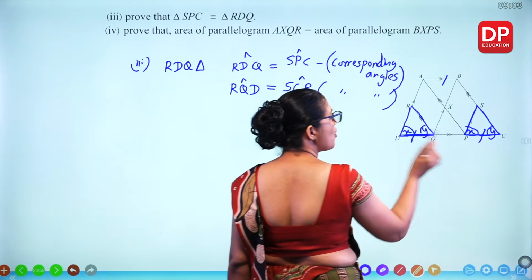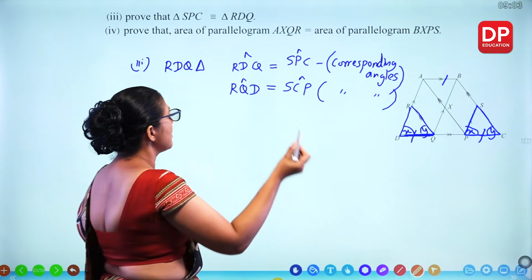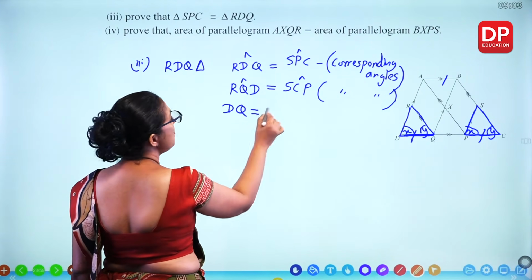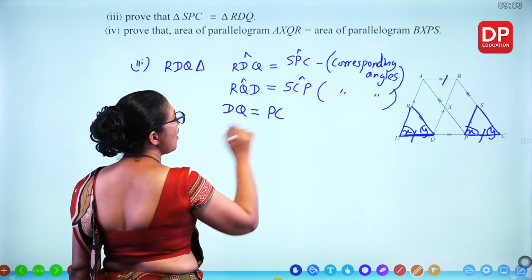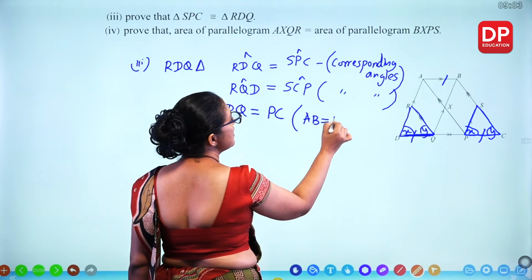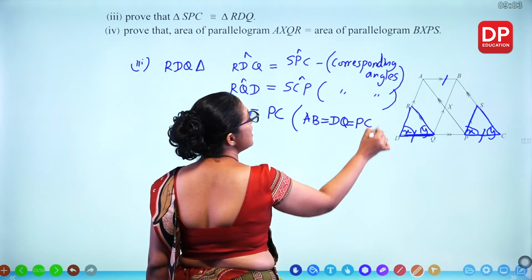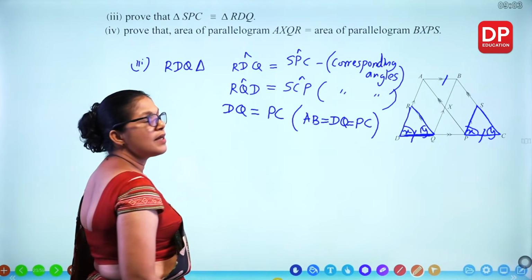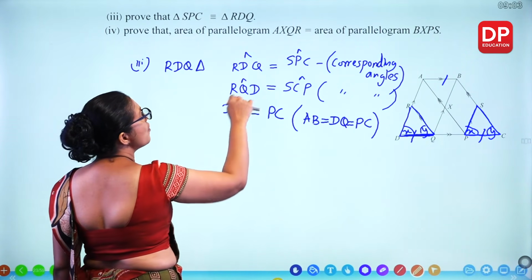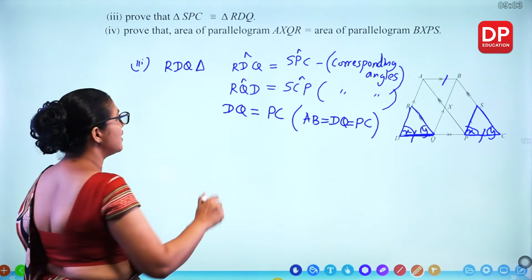So what can you say about these lengths? DQ is the same as PC. Why? What's the reason? AB is the same as DQ, and AB is the same as PC. So DQ is equal to PC. So we know two angles and one length are equal.